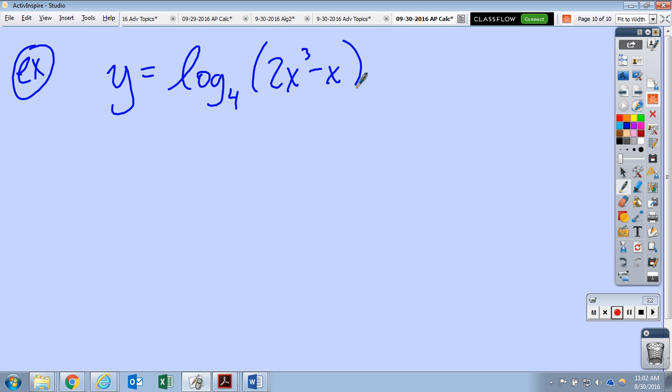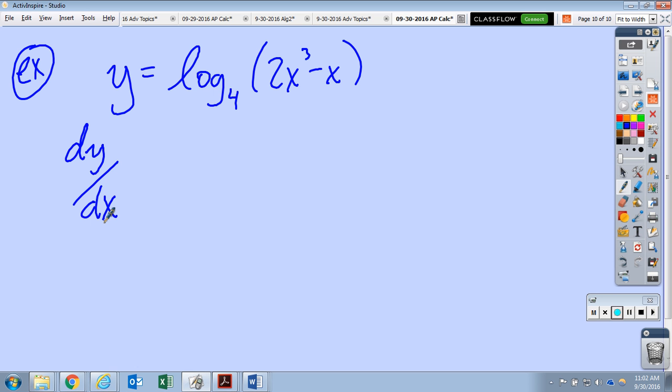So this is the other one. Before we were doing the derivative of some constant to some power that's a differentiable function of x. Now we're doing the derivative of log of whatever base of some differentiable function.